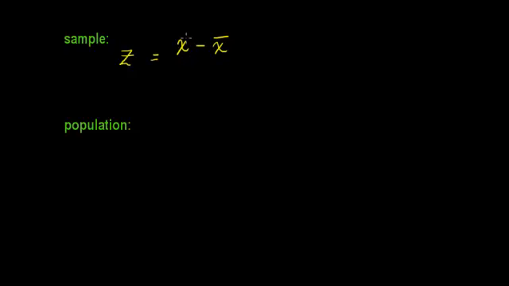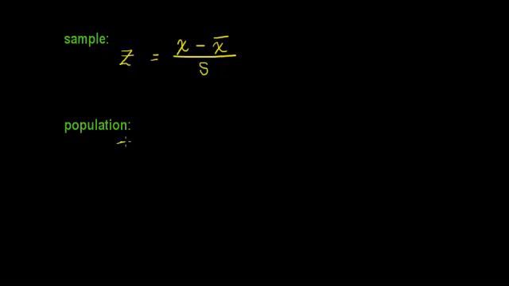If this value is less than the mean, say we scored below the average on a test, then we would get a negative in the numerator, and that would give us a negative z-score, and we would know we were below the mean. So x minus x bar, and then to determine how many standard deviations that is, we'll divide by the standard deviation.